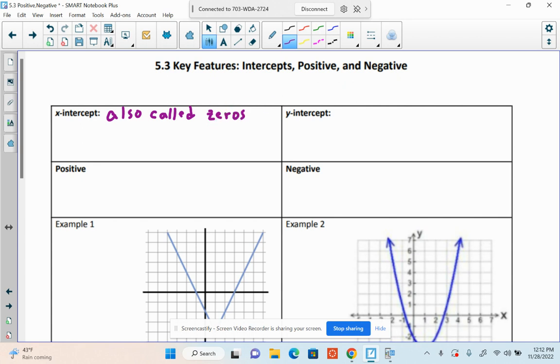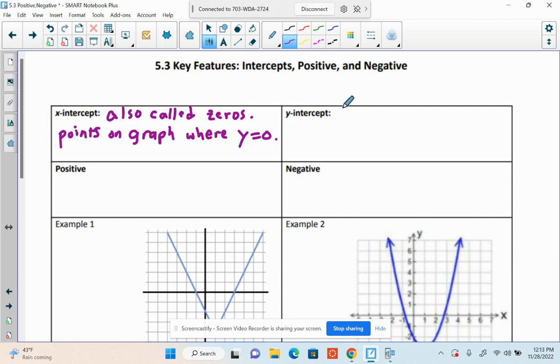And they are points on the graph where y equals 0. So we'll look at an example in a little bit. But they are places where the graph crosses the x-axis.